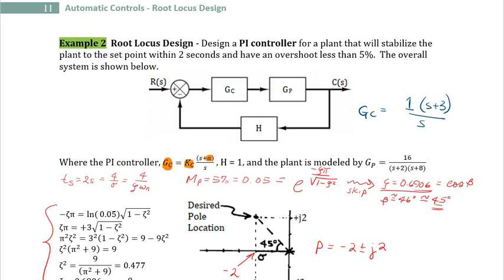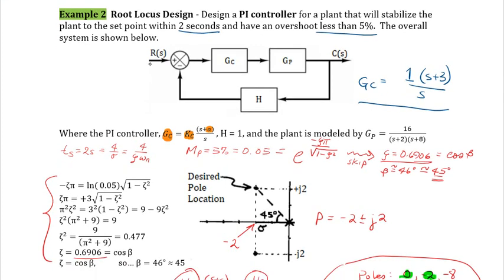And we're done. If we use a PI controller with those parameters, K sub C equals 1 and A equals 3, then the plant will stabilize in 2 seconds and it will have an overshoot that's less than 5%.